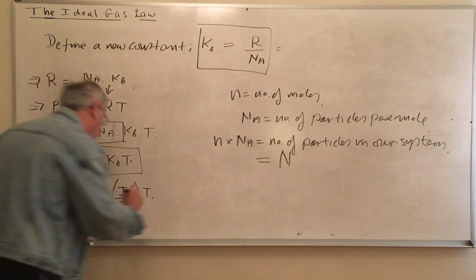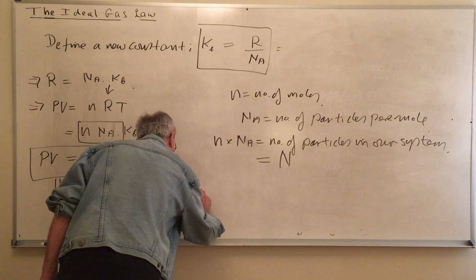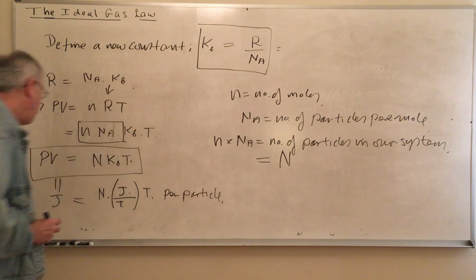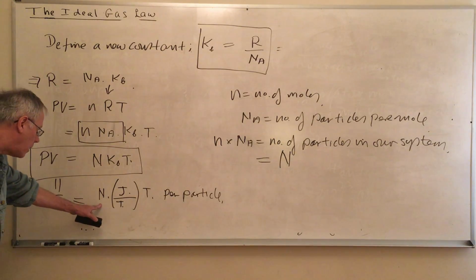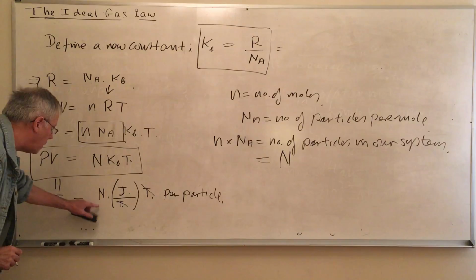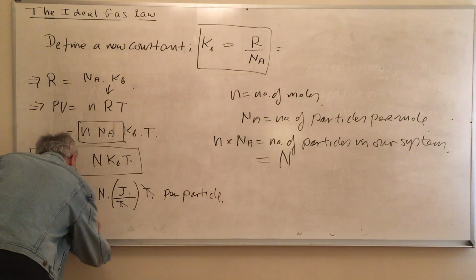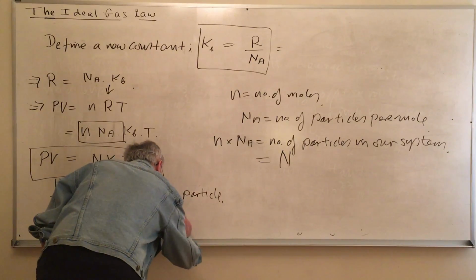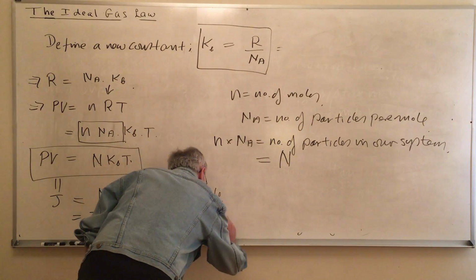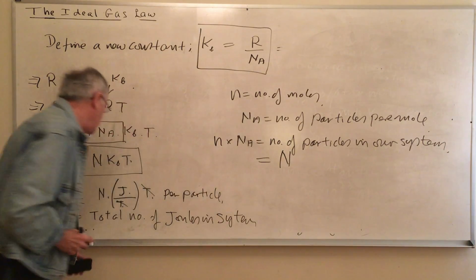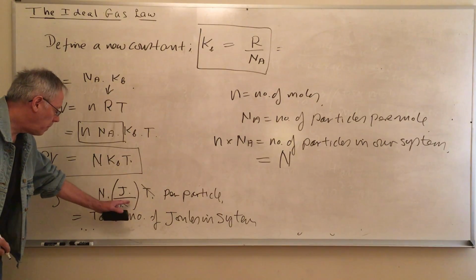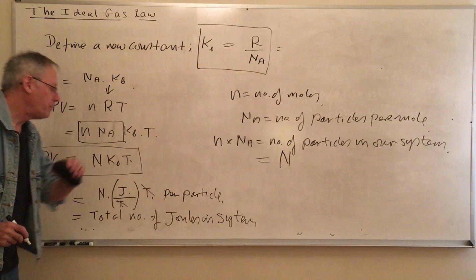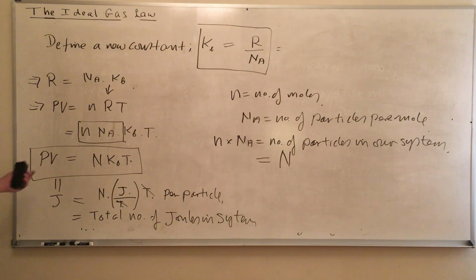So therefore then, joules is just the total number, as the T's cancel, the total number of joules in the system. And we write in the joules per Kelvin, per particle. So therefore then, all along we've been playing with this guy here as just being the total energy in the system. And it's amazing, right? PV equals NKT.